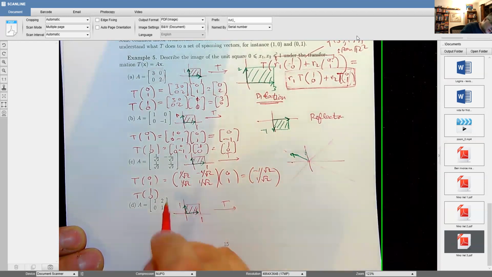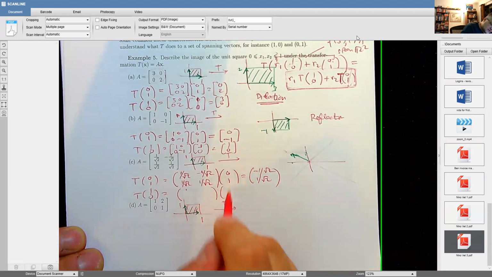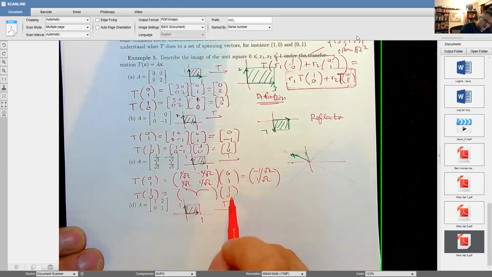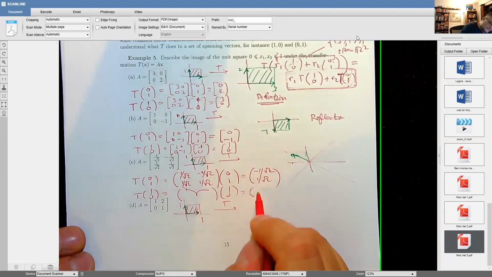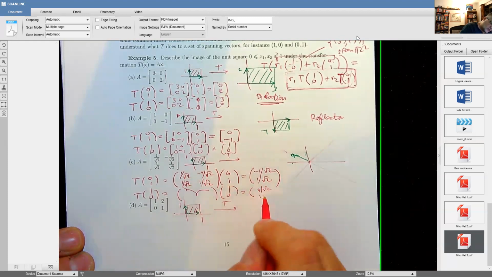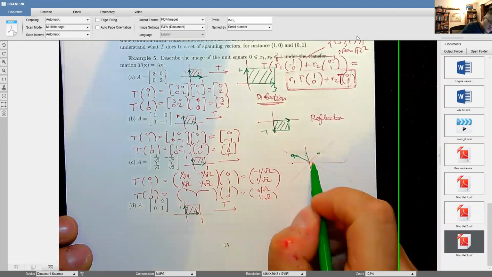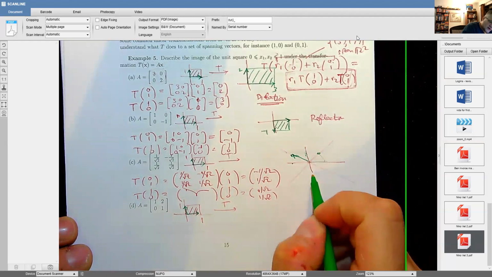And then same way here, T of (1, 0), if I take that matrix and multiply by (1, 0), what I get is 1 over root 2, and then 1 over root 2. So I get the corresponding point over here. Remember, this was here, now it rolled 45 degrees.